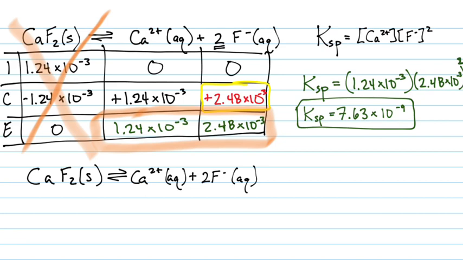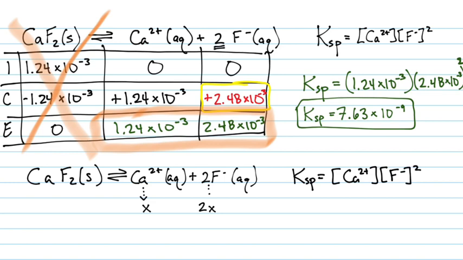What you can do with all of your products over here, if there's one of them, you call it X. If there's two of them, you call it 2X. You would still have the same old idea of your KSP. It's still going to be the things that are soluble over here. Same equation.